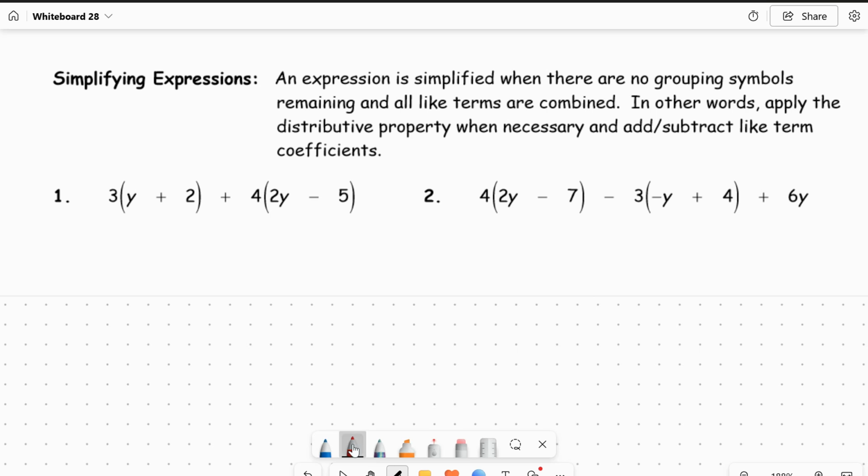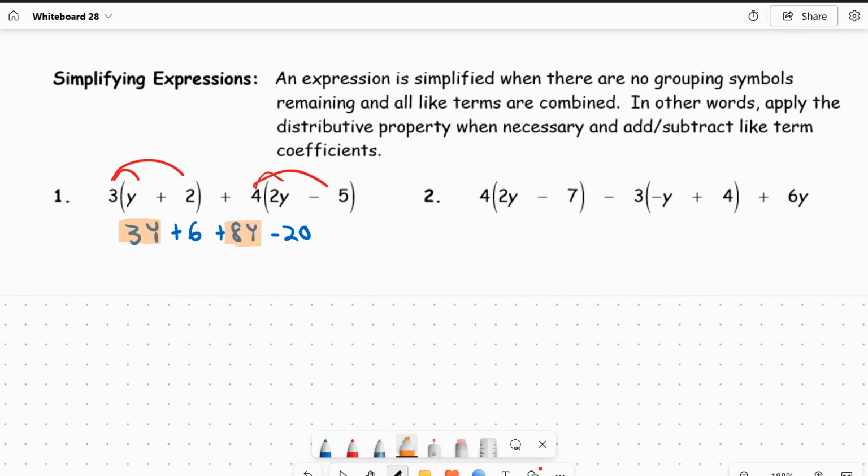So for number 1 here, the first thing we're going to do is distribute with both sets of parentheses. So I have 3 times y, which is 3y, plus 3 times 2, which is 6. 4 times 2y is 8y. 4 times negative 5 is negative 20.